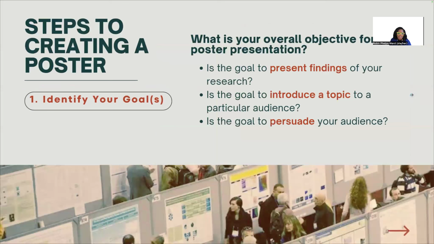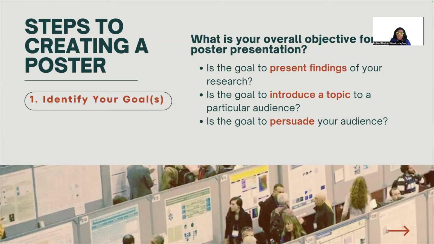Alrighty, so let's talk about the steps of creating a poster. The first is to identify your goals. What's the overall objective for your presentation? Are we trying to present the findings of our research because we've gotten to the end of it and we want to share what we found? Is our goal to introduce a topic? Maybe we've got a particular audience that we want to share a new conceptual framework. And so we want to give them a taste of what this new idea is all about.